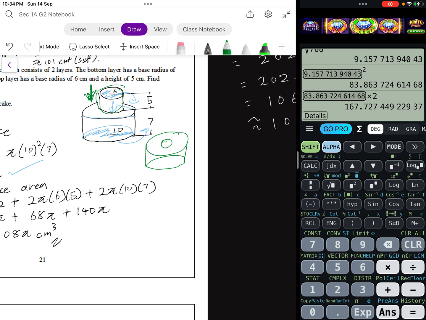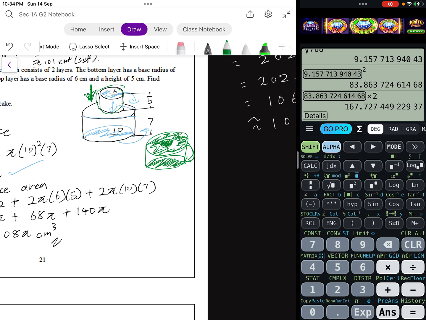Alright, do you see that you don't need to find this area? You just need to find this area, then you times 2, because this one plus this one is equal to this one, right? The area of this small circle plus the area of this ring, when you add together, is the area of the big circle.